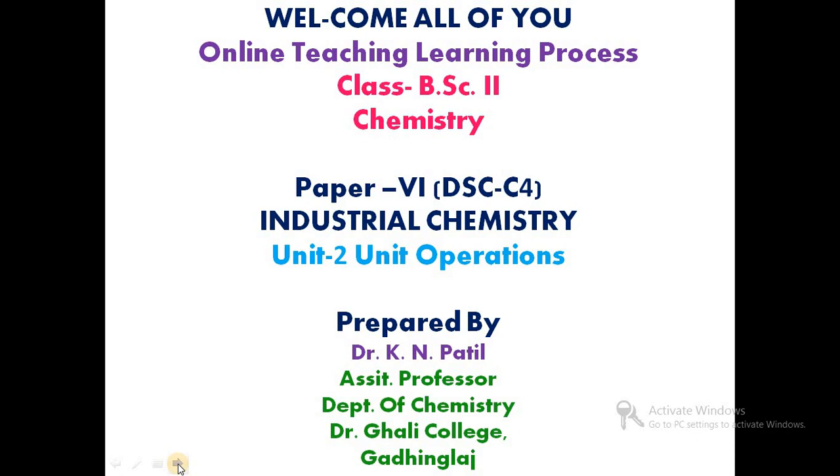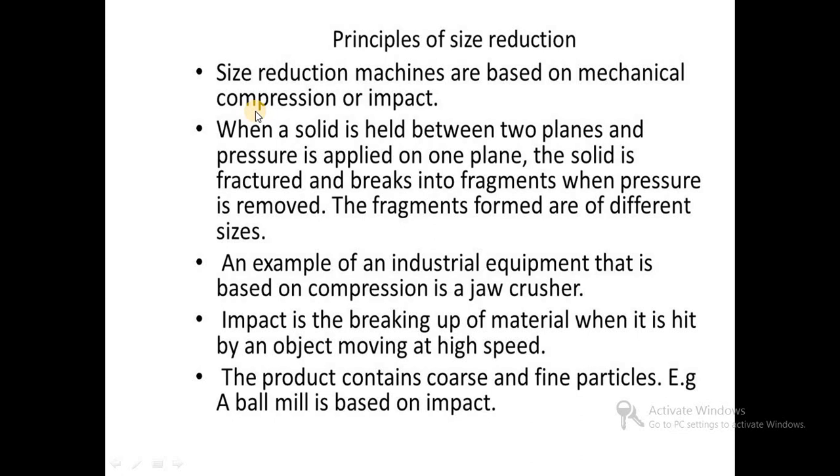In this video we will see details about the principle of size reduction. We have studied that the principle of size reduction is that size reduction machines are based on mechanical compression or impact.